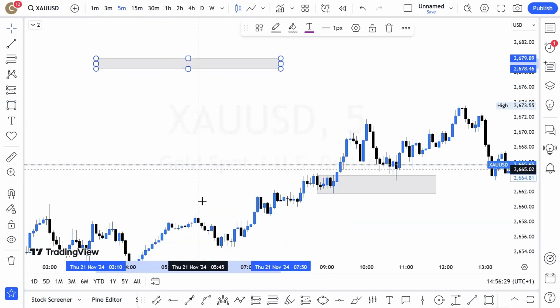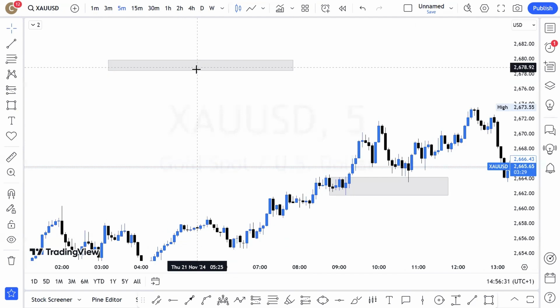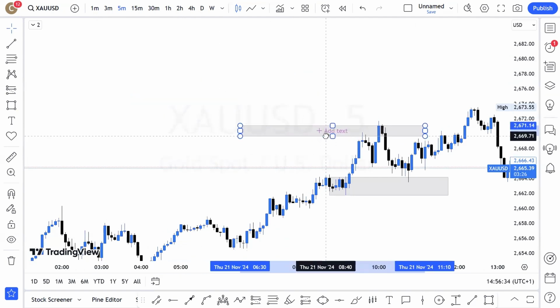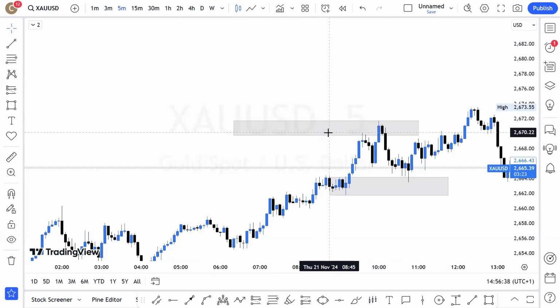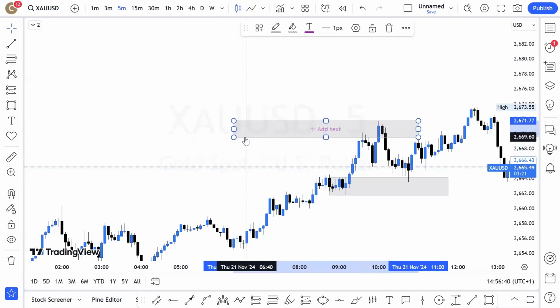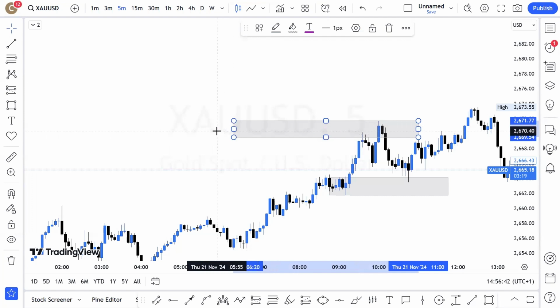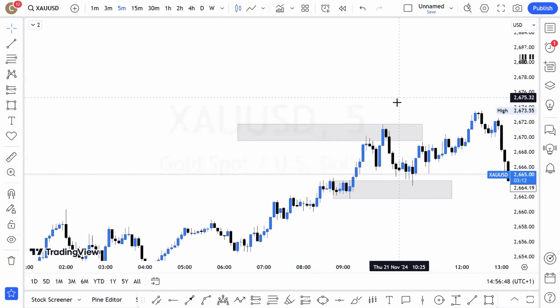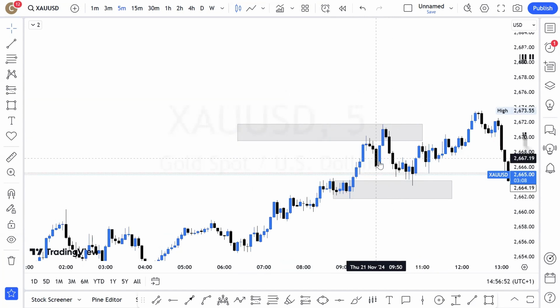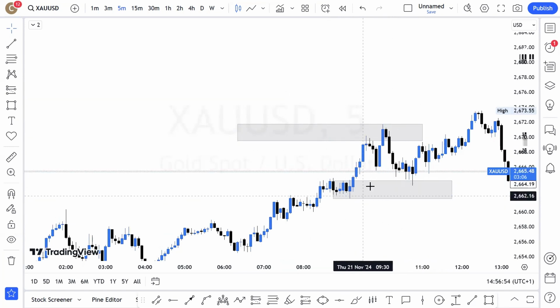As you're looking at 5 minutes, the zone where this is happening has to be a higher time frame POI, either another block from the 1 hour or 4 hours or even daily, before you can start respecting this kind of stuff. Otherwise, these are just liquidity generation. This liquidity was generated for this zone to work.